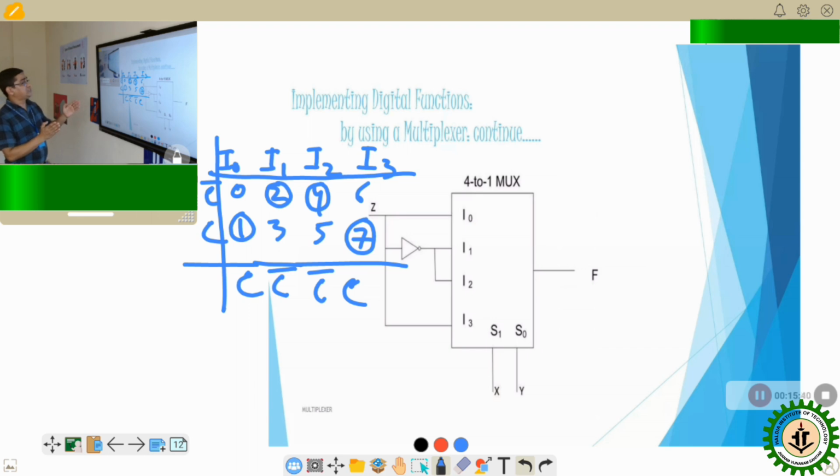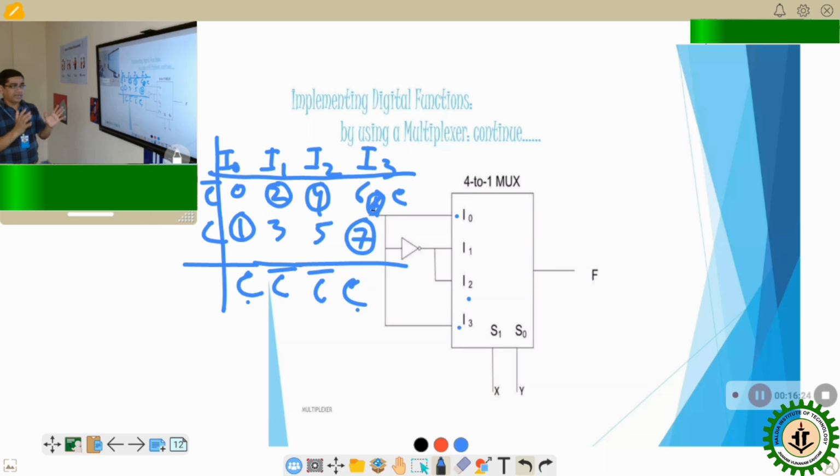I0 and I3 are connected to C. Here instead of C, we could take the variable name as J, but I just defined the variable as C. So I0 and I3 are connected to J, that means C, and I1 and I2 are connected to the complement of C, C bar.